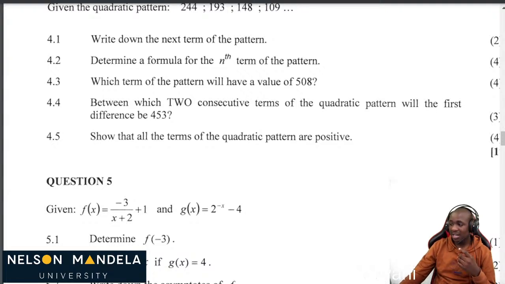It's always the case that in order for us to prove that they are positive, the general term must be greater than 0. So we know that our Tn is equal to 3n squared minus 6n plus 301.